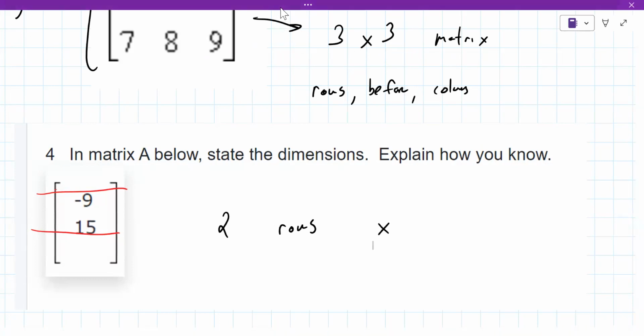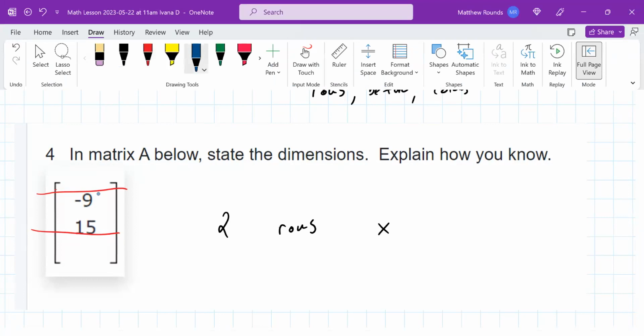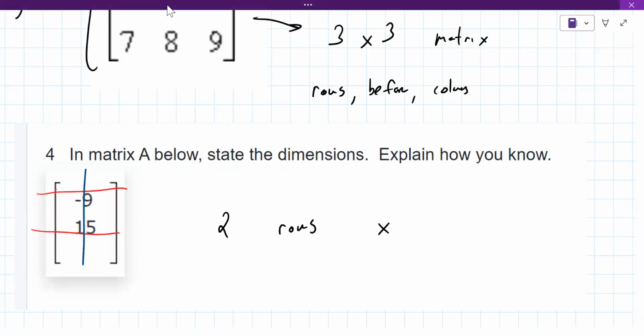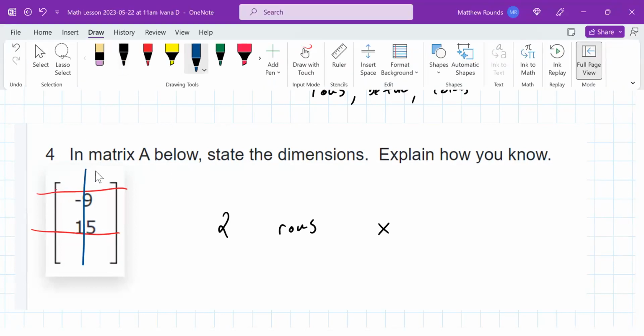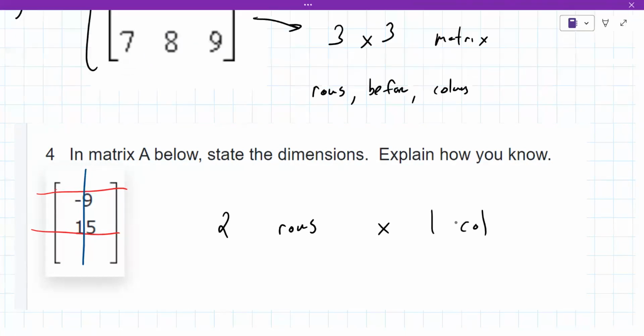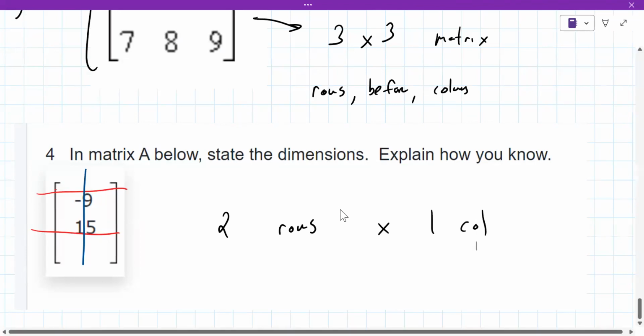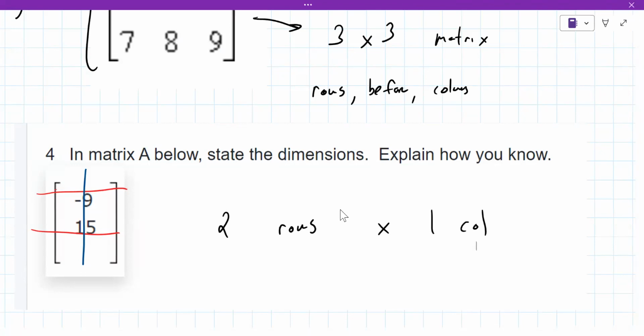How many verticals are there? Where there's only one line, there's only one vertical. So 2 rows and 1 column. Yes. You're just counting. There's no math here that's kind of odd. It's just literally counting. How many horizontals, how many verticals?